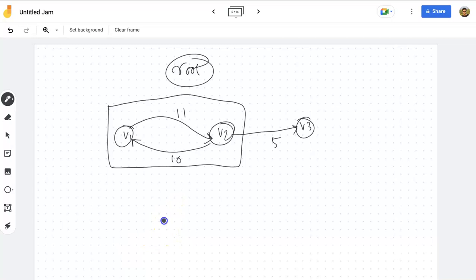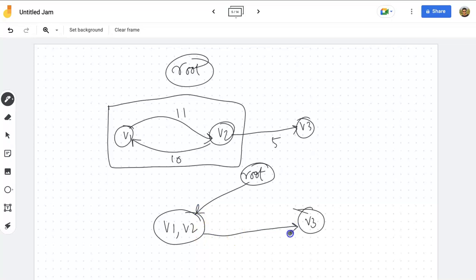After the first iteration, V1 and V2 will be one node, the root will be another node, and V3 will be another node, and then we need to calculate the root weights for all of these. Suppose I represent them as W1, W2, and W3. We need to calculate W1, W2, W3 and run the algorithm again.